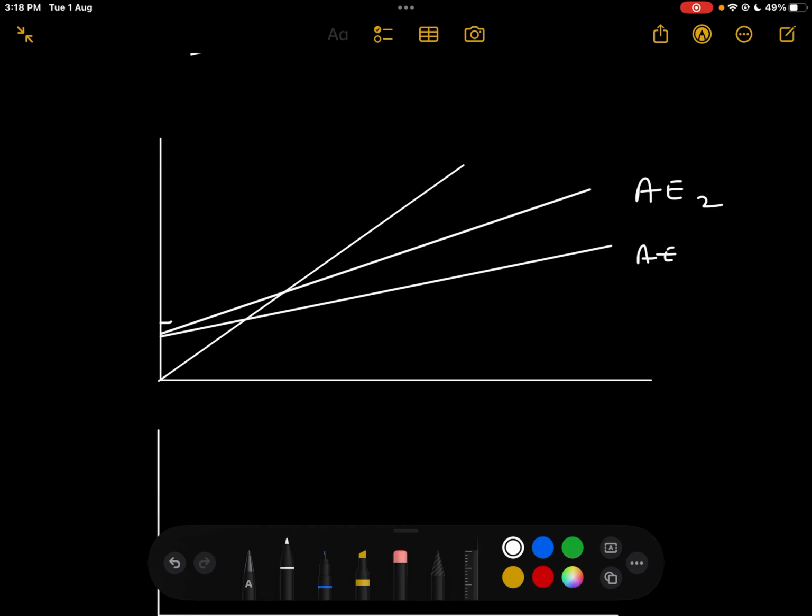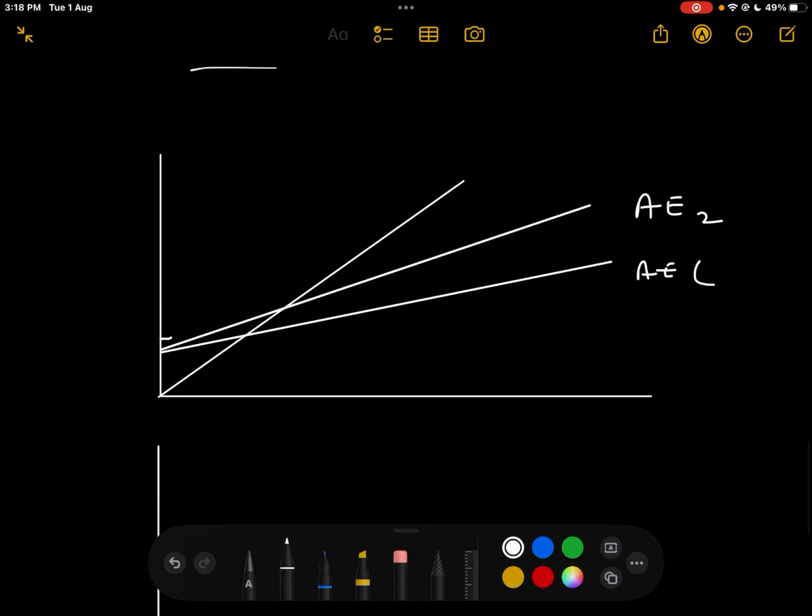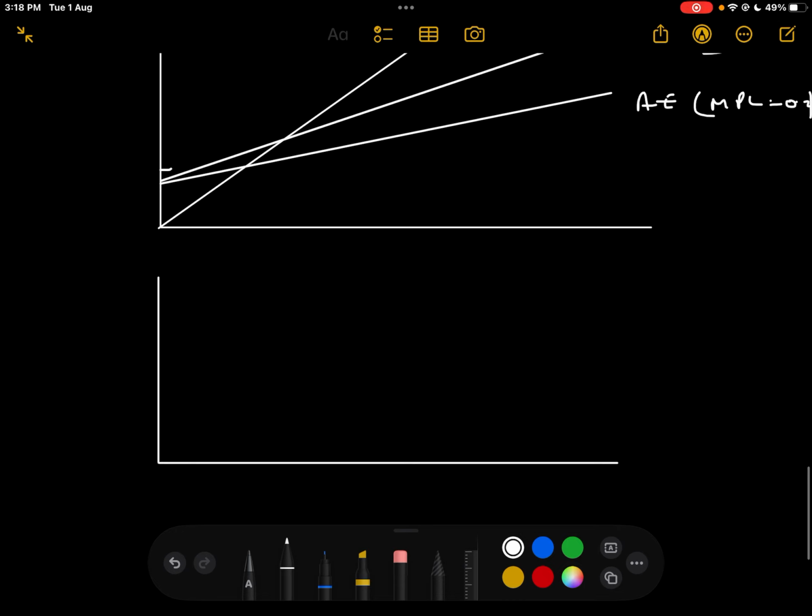Let us suppose here our MPC is 0.2 and here our MPC is 0.4. So we are considering that AE1 has a smaller MPC as compared to AE2.